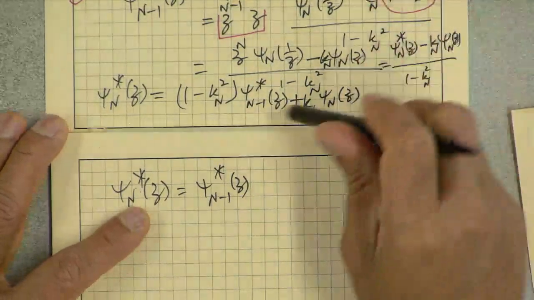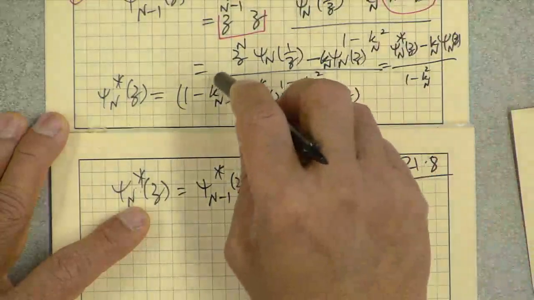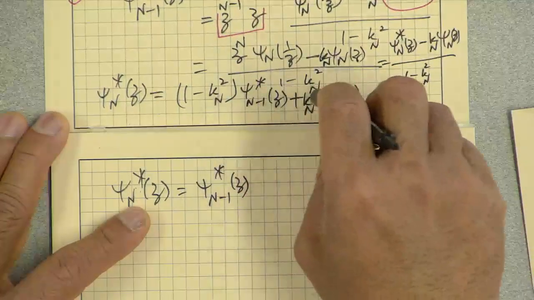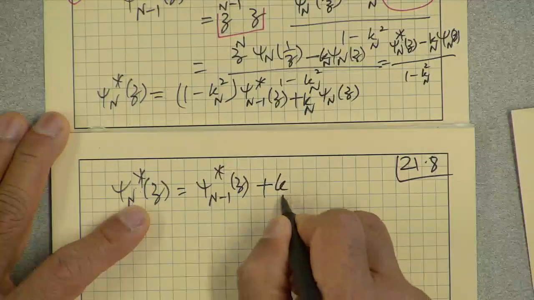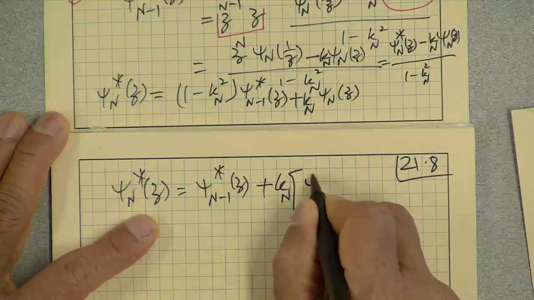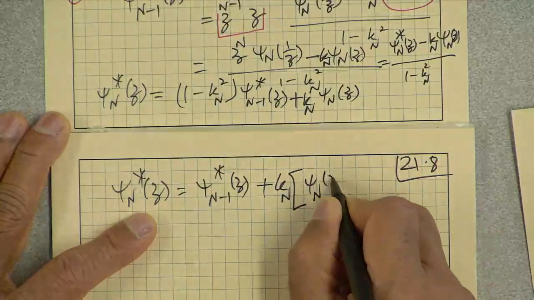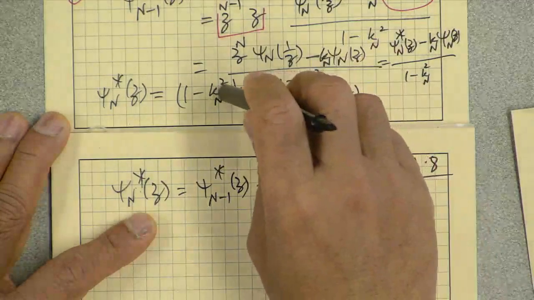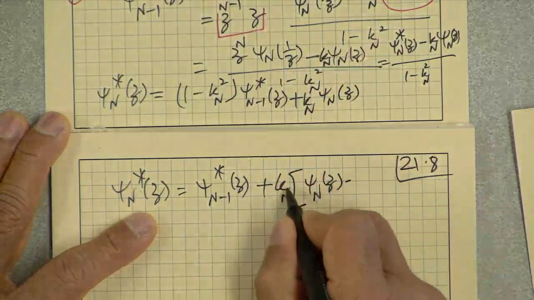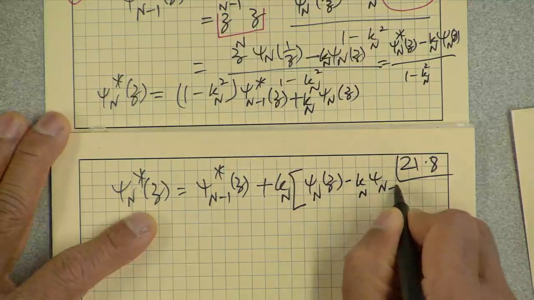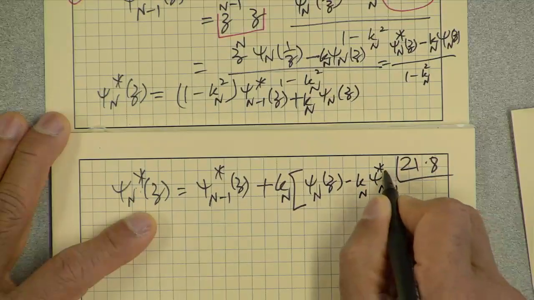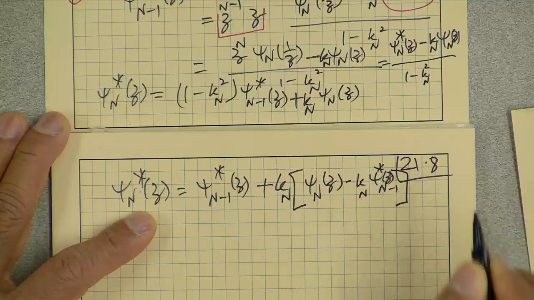Now we have two terms left, minus kn squared times that plus kn times that. So plus kn taken outside a bracket, psi n, that's the last term, minus, from this minus kn squared, we took one kn out, the other kn, psi n minus 1 star z.